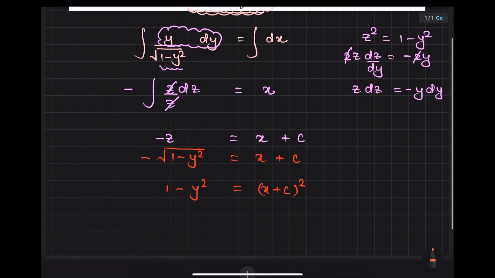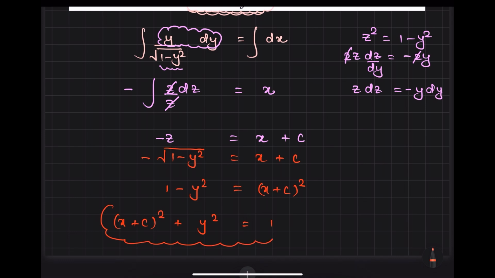Now be super slow. I will keep the variables on one side, meaning x plus c whole square plus y square equals 1. Now do you think it reminds you of something? Yes, it is a circle whose center is minus c comma 0 and whose radius is 1.